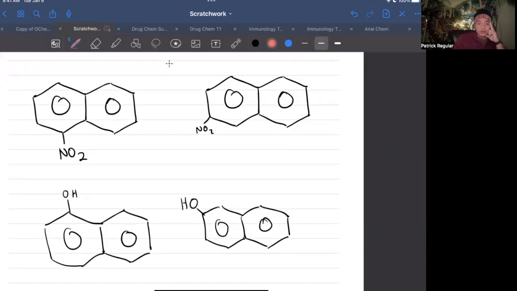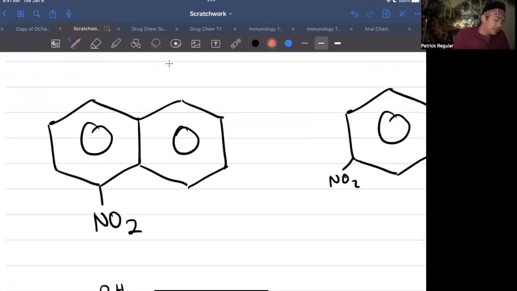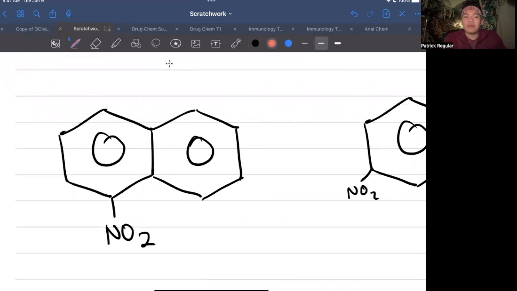We have two groups here that I laid out: a nitro group, which is a strong deactivator, and an alcohol group, which is a strong activator. So if that's our situation, how does that change the rules? Well, it does a lot. The nitro group pulls electron density away from that ring, so the ring that it's on is deactivated.